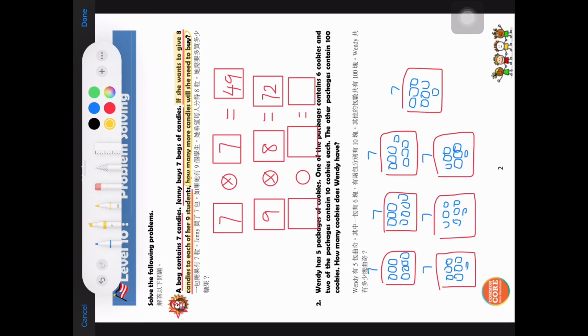Now we may find out how many more candies she will need. We may duplicate the number that she needs, 72, minus the number of candies she has, 49, where the difference is 23. Therefore, she'll need 23 more candies.